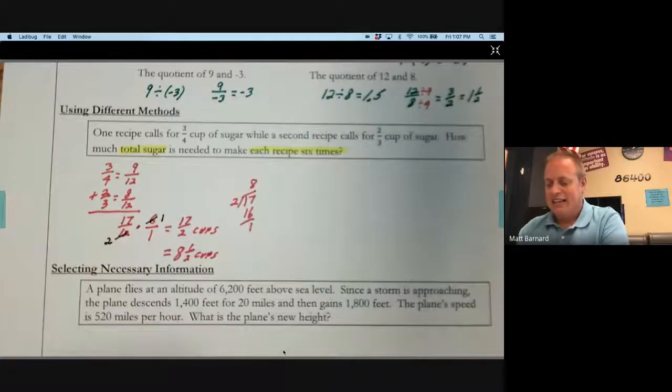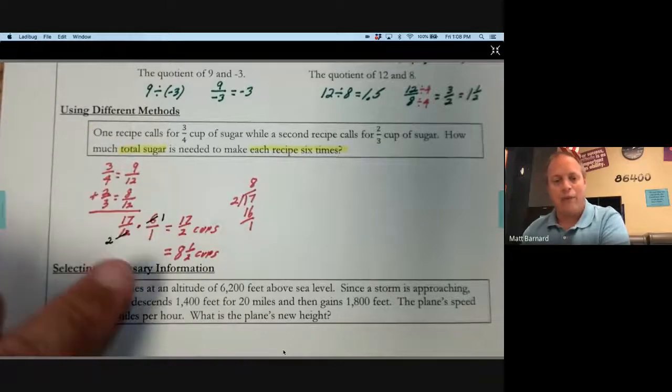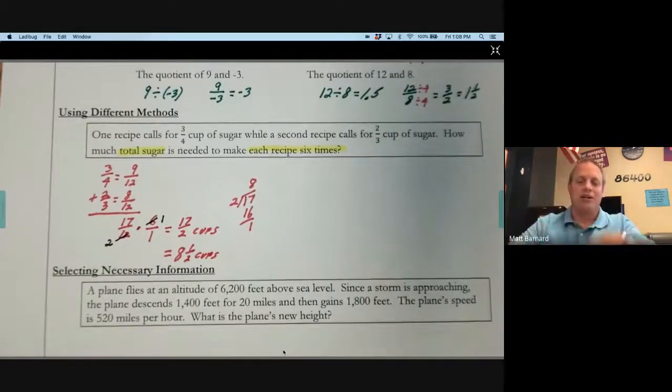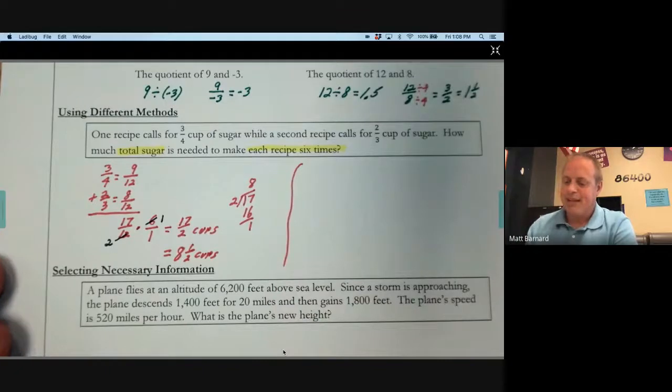But again, when we get into some of the algebra things, if you understand how it works with the numbers, it works very similar with algebra and with the variables that we'll deal with as well. Now, this isn't the only method that we could do this problem on. The other thing I could have done is I could have done it a different way.